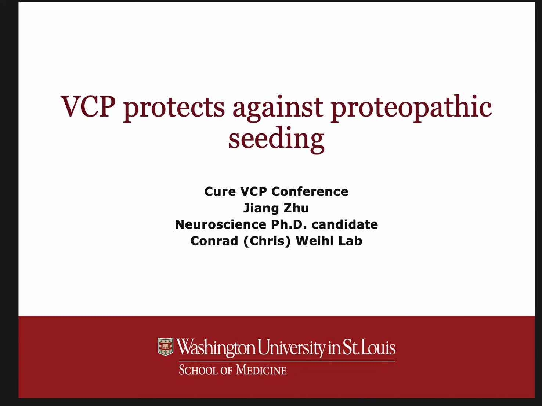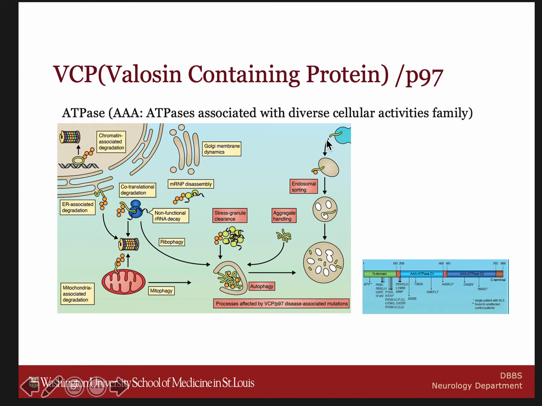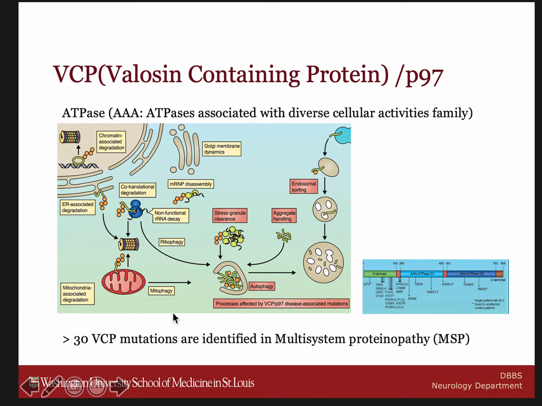So first of all, what is VCP? VCP is an ATPase that performs many functions within the cells, and VCP mutations also cause a disease called multisystem proteinopathy (MSP).